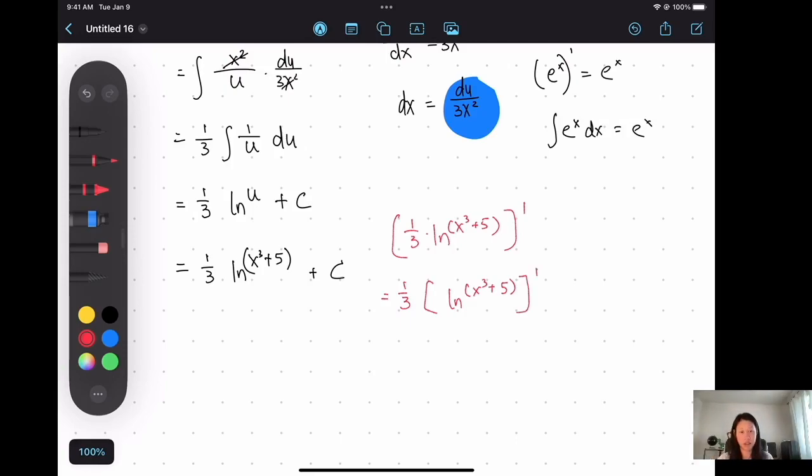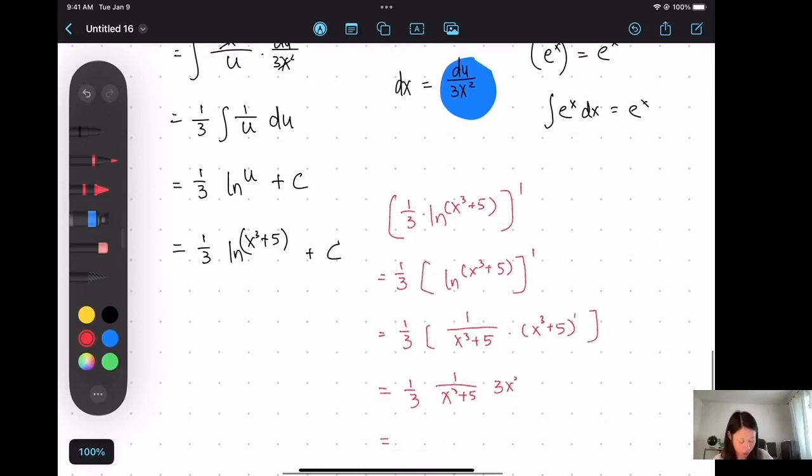So apply the chain rule: I will have 1 over x cubed plus 5, and then multiply by the derivative of x cubed plus 5. So simplify, I have 1 over x cubed plus 5, and then the derivative of whatever is inside the parentheses equals 3x squared.